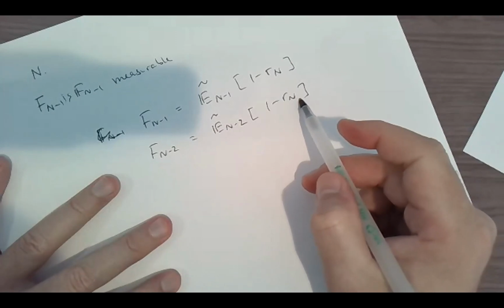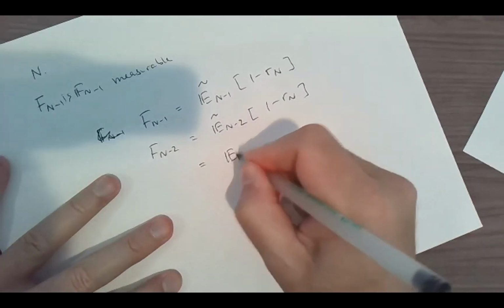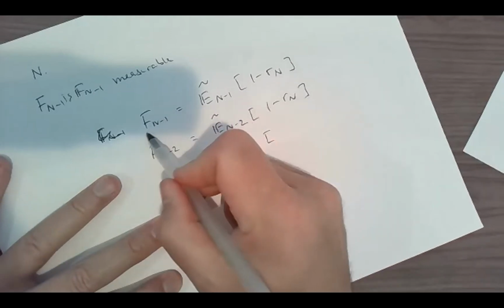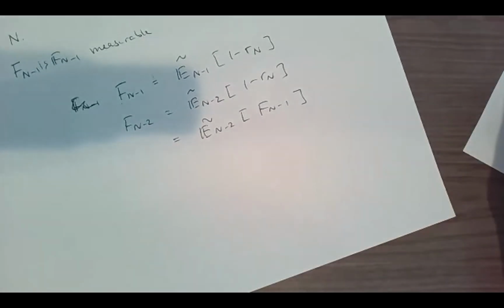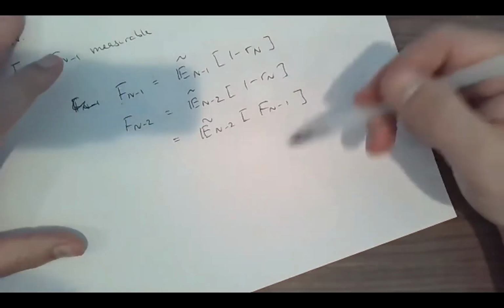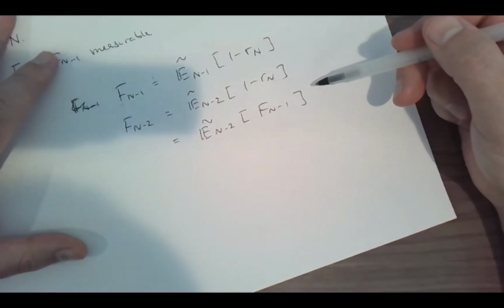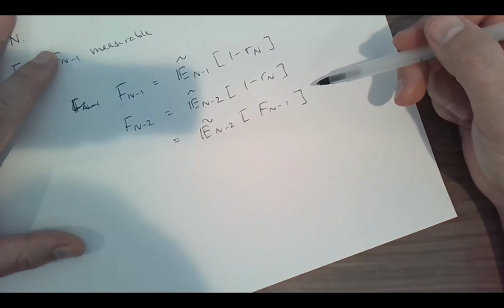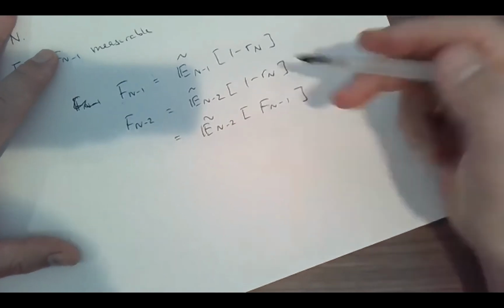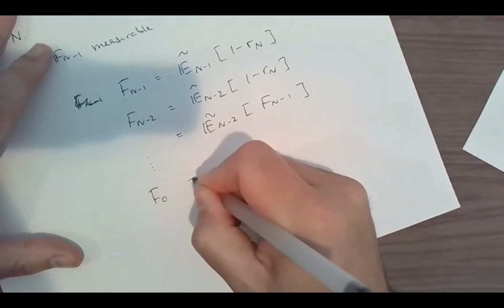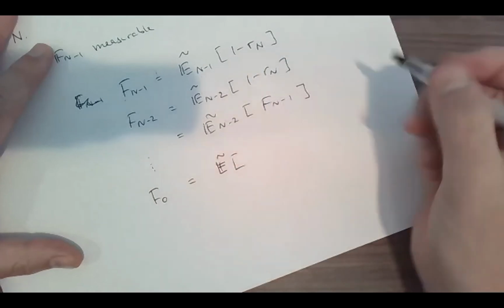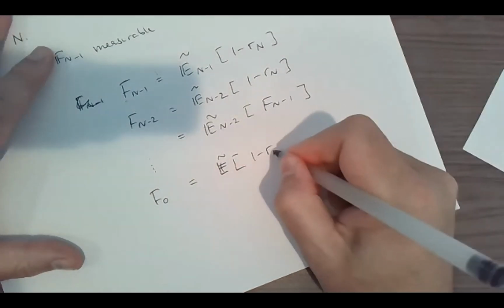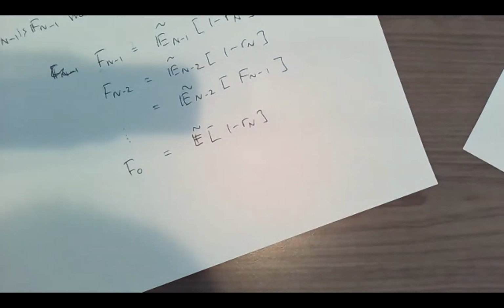Oh, okay. Right, so this is going to be the same thing as the conditional expectation of this guy, by iterated expectations. And so you're going to keep going. If you want F0, this is just going to be the expectation of 1 minus Rn.